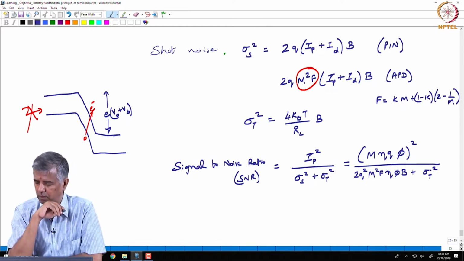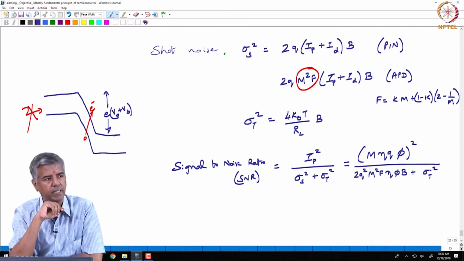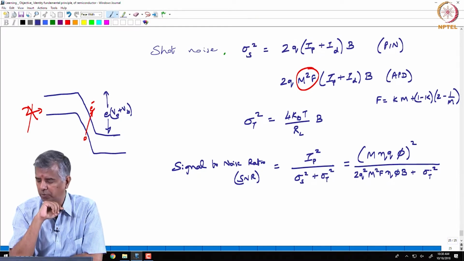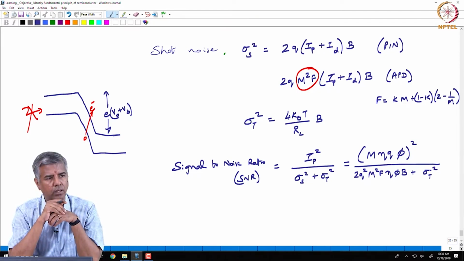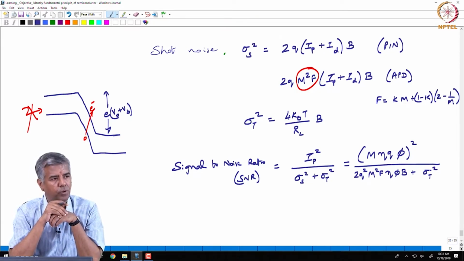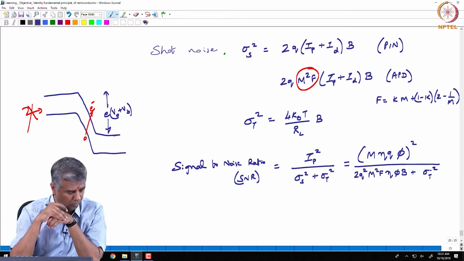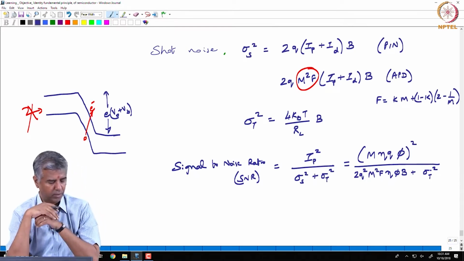You can further simplify this, and you can try to get to the point where you have very few photons falling on the detector.